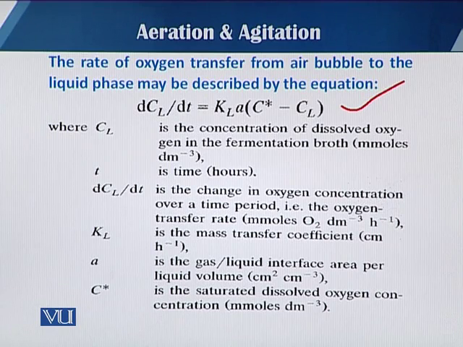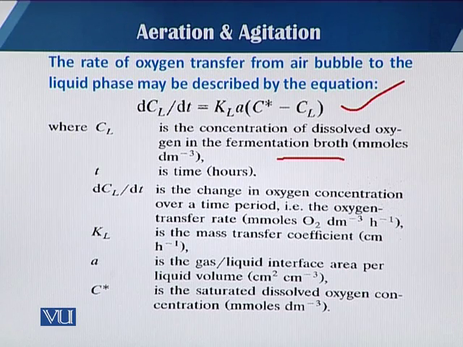CL here is the concentration of the dissolved oxygen in the fermentation broth, in millimoles per liter. That is the amount of oxygen dissolved in the liquid, L designating the liquid medium, meaning fermentation medium. C is the concentration.